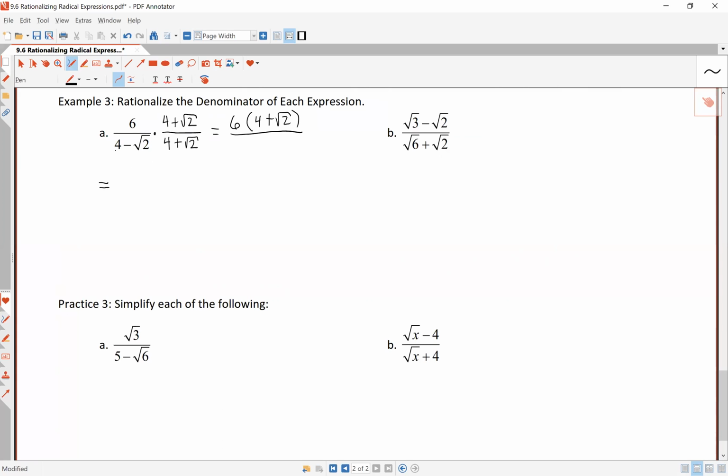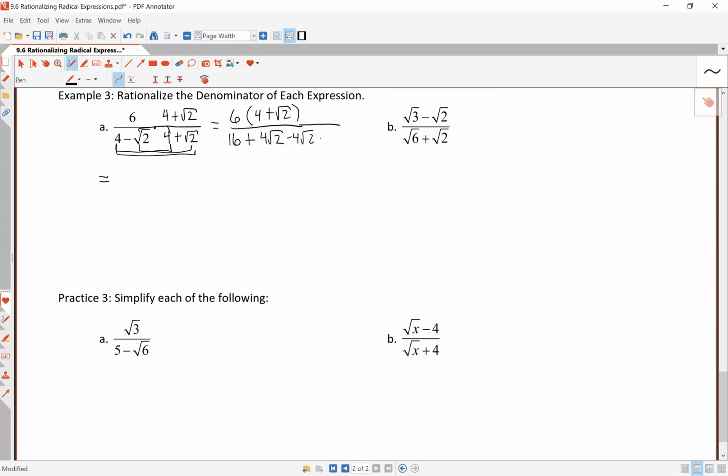The denominator is going to be 4 times 4 is 16, plus 4 times square root of 2, minus 4 square root of 2, minus square root of 2 times square root of 2 is minus square root of 4. So I get 6 times 4 plus square root of 2 divided by 16.